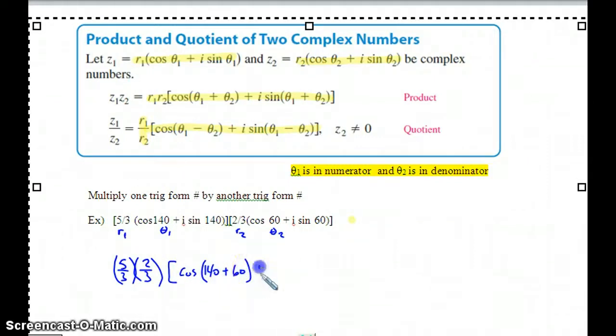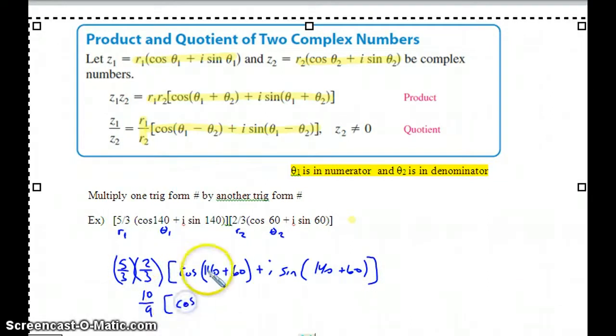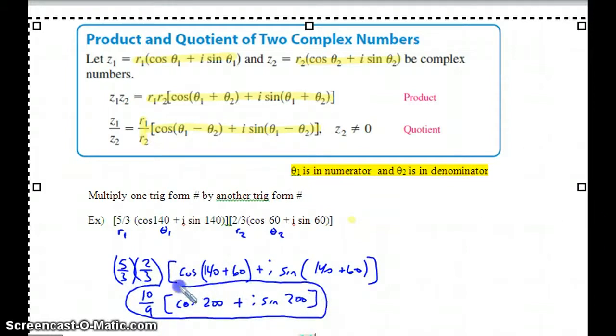And then we will add to that I times the sine of 140 degrees plus 60 degrees. So multiplying this out, this is going to give me 10/9 times the cosine of 200 degrees plus I sine of 200 degrees. So this would be my answer if I was asked to leave it in trigonometric form. So this is trigonometric form.